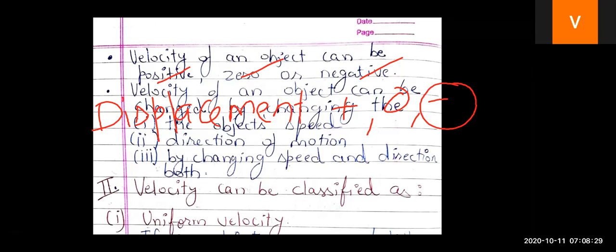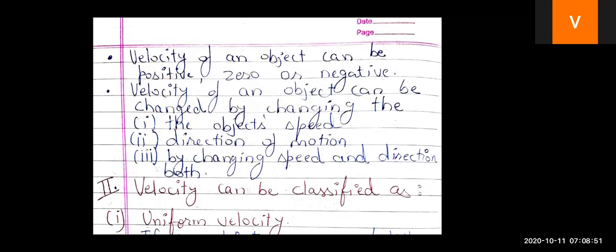And when the initial position and final position are the same, for example, an athlete is running on a circular track, and after covering the entire track, he is returning to the same point A. So his initial point is A and final point is A. So his displacement is 0. So for displacement equal to 0, velocity is 0. For displacement negative, velocity will be negative. For displacement positive, the velocity will be positive.